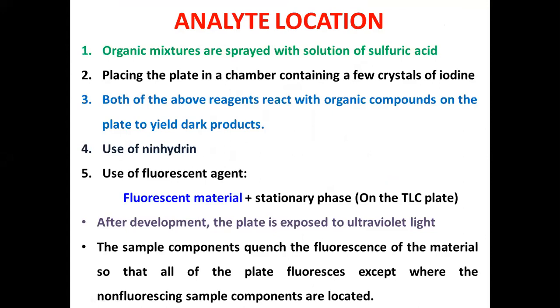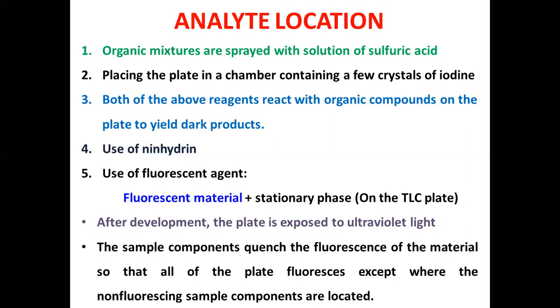So next, analyte location. How do you locate the analytes present in the sample? Different solutes will migrate depending upon their relative affinity towards the stationary phase. If a solute does not have any affinity towards the stationary phase, it will move along with the mobile phase, farther from the spot.